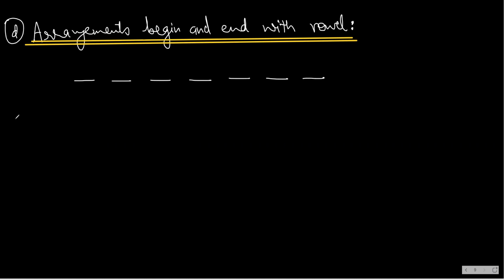There are 2 vowels. The vowels are I and O. So you can see here, this is the first position, this is the 7th position.